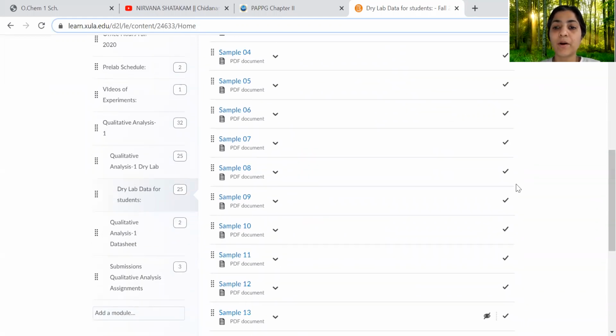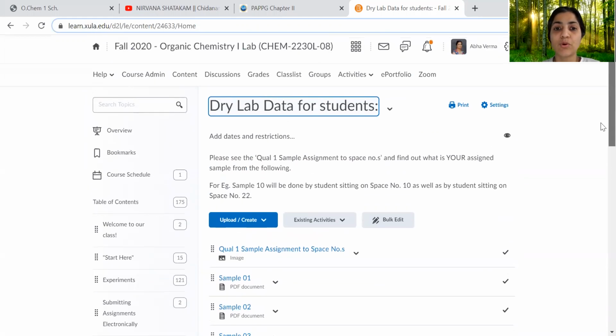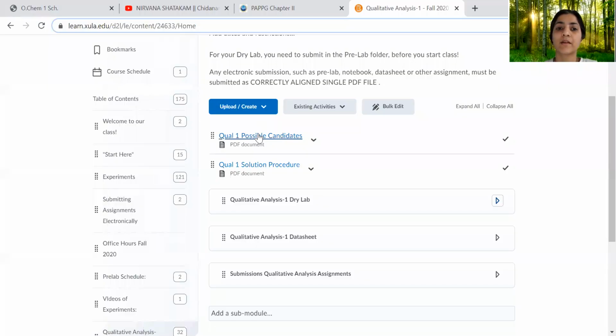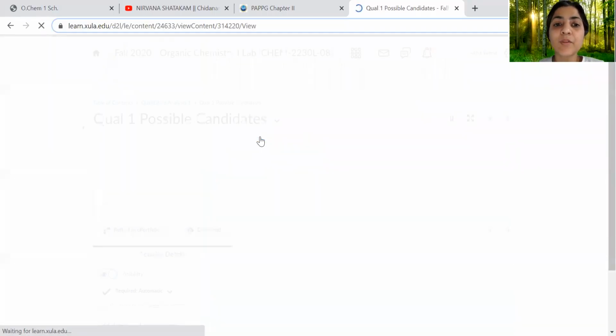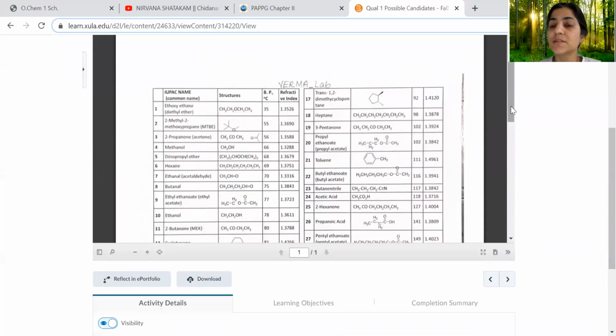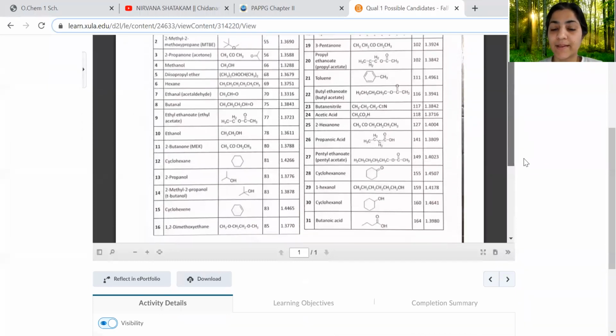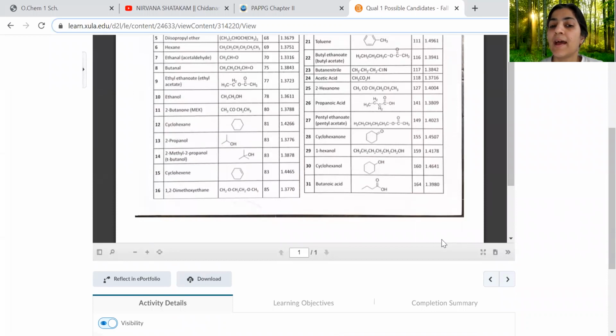You don't have to worry about other samples that I have shown on this Brightspace page. From the list of all the possible candidates, you will have to choose only one compound, its name, and so on.